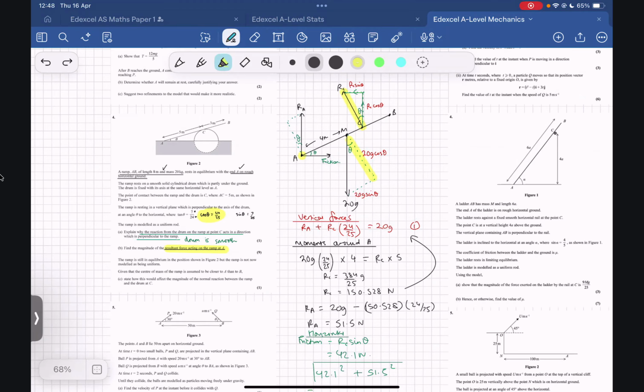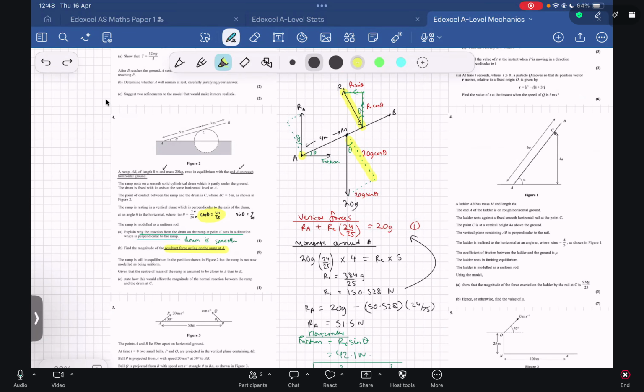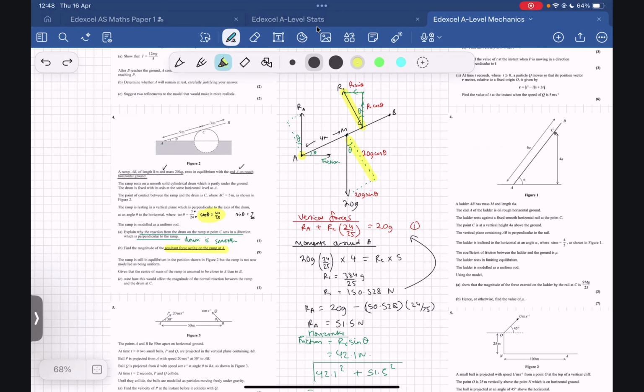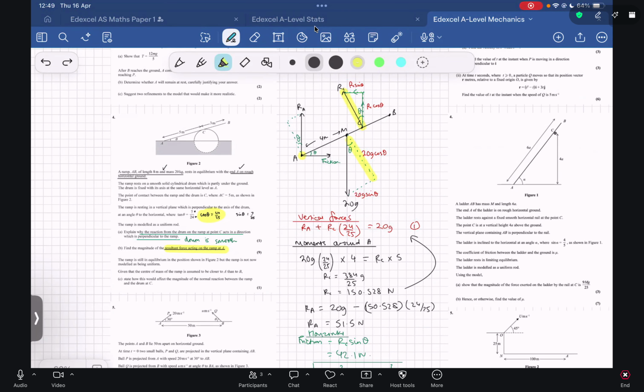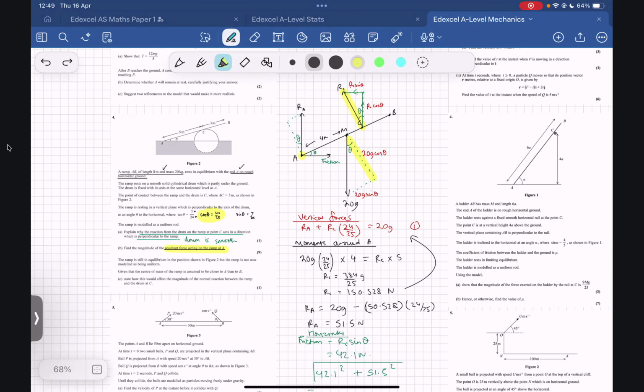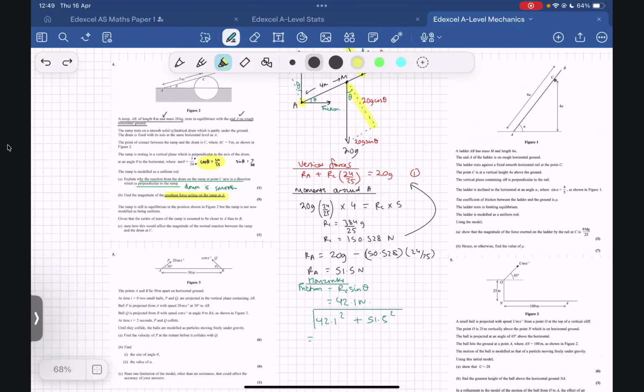But you said that we can't use the green lights for the horizontal. Sorry? You said that we can't use the... Yeah, basically we can't split them. Yeah, fine. So the answer is 66.5.